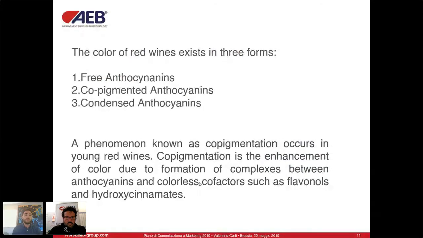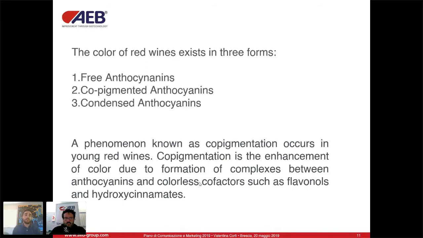In a young wine, the color is stabilized by copigmentation. Copigmentation enhances the color of the wine and is a complex between an anthocyanin and a colorless cofactor, which could be other monomeric tannins or phenolic compounds.